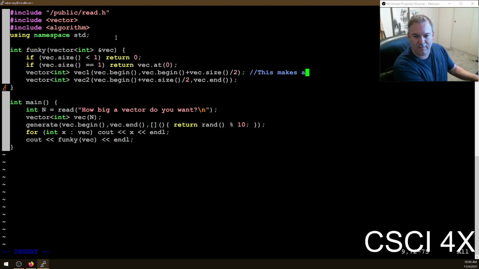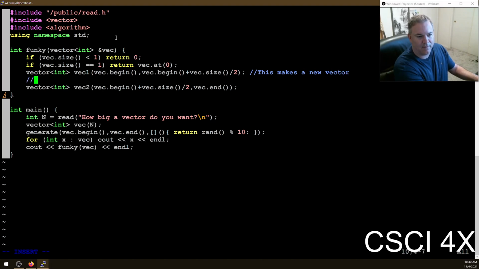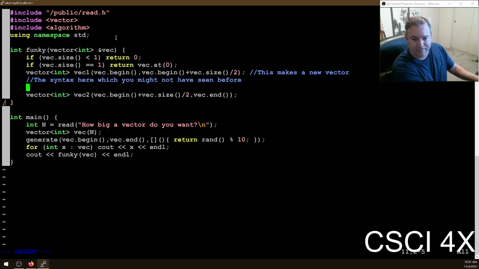So this makes a new vector. The syntax, which you might not have seen before, copies a chunk of one vector into the new vector.